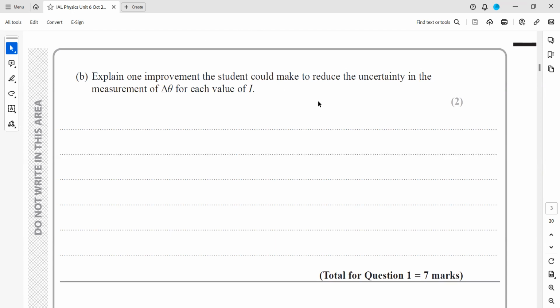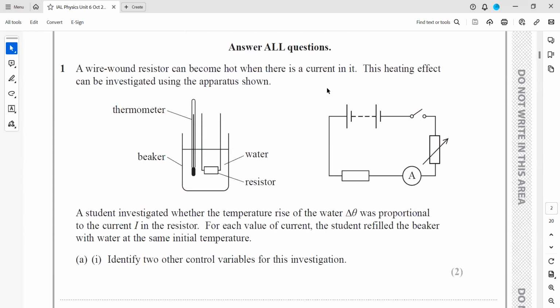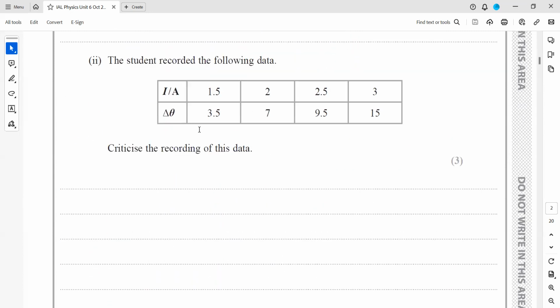One improvement to this apparatus: as you can see, there is no insulation used here. No lagging or insulation is used. So the student should use lagging or insulation, and should use a lid on the top. If there is lagging insulation surrounding it, a lid at the top and an insulating mat at the bottom, then we'll have a much more accurate result as compared to what the student is getting now.